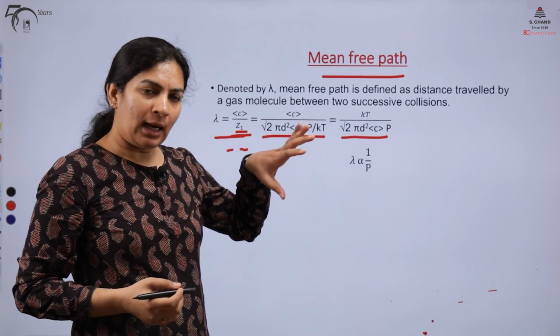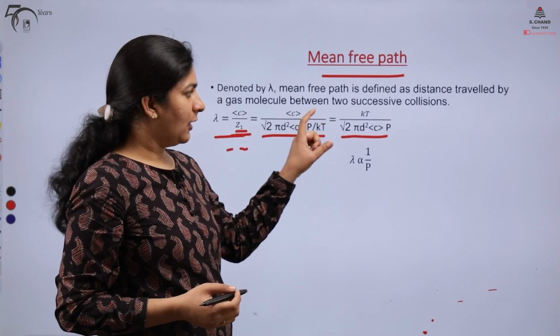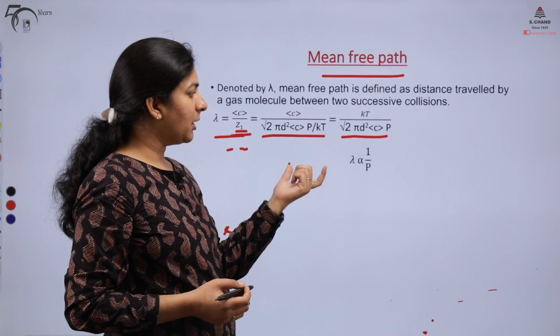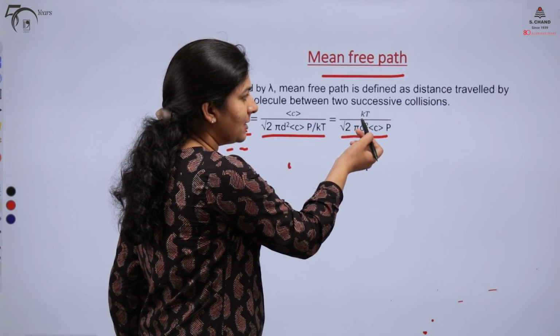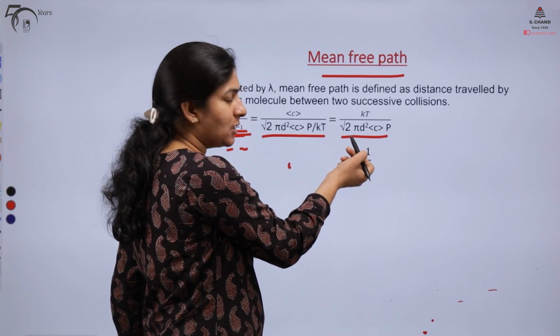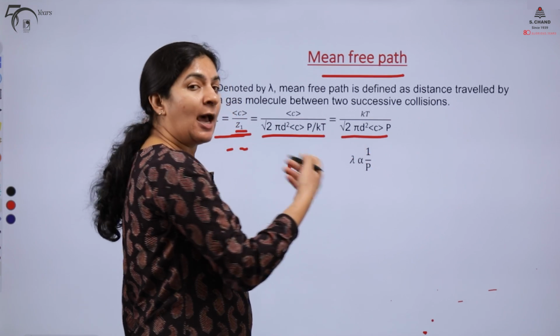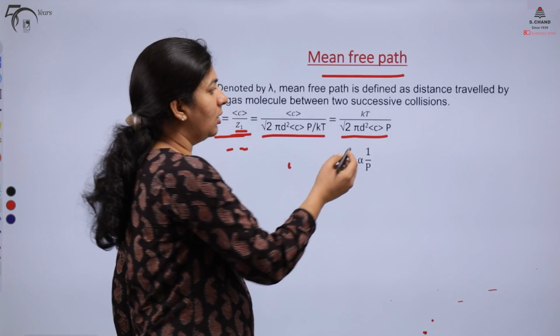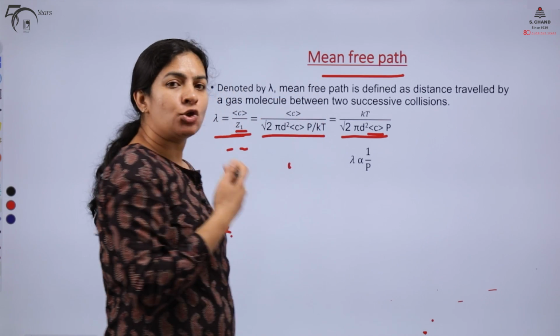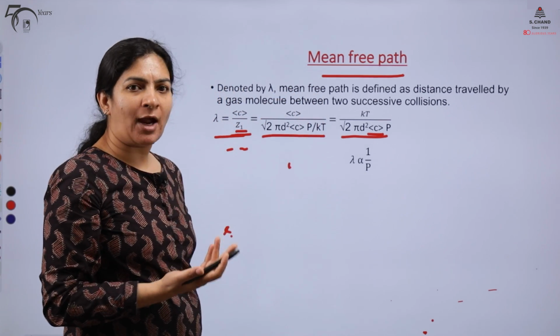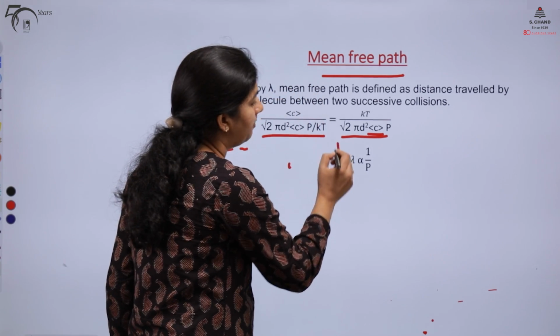So, again, fix the temperature. For a particular molecule, k is fixed, T is fixed, pi is fixed, diameter is fixed, and at a particular temperature even the average velocity is fixed. So, what is the factor which is varying? It is the pressure.